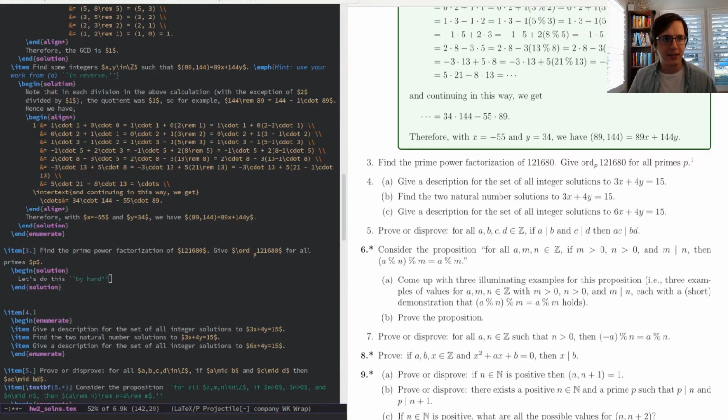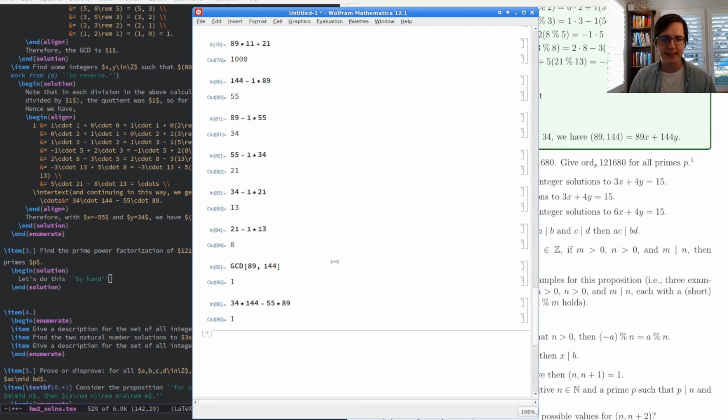One thing I wanted to show you is that Mathematica is able to do extended GCD, and this is something you can even type into Wolfram Alpha, this exact expression, because Wolfram Alpha is based on Mathematica. It's all written in it. So it says that the GCD of 89 and 144 is 1, and -5 times 89 plus 34 times 144 is 1, according to it.